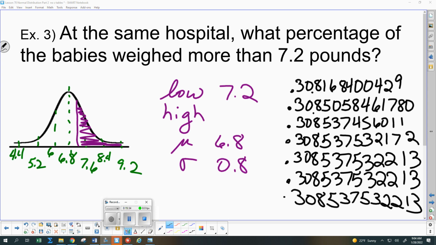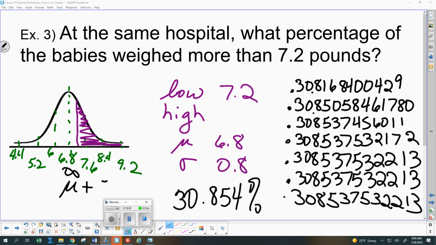So we are going to put in something that's big enough to get the max value so that we would end up with that percentage, 30.854, and we aren't going to see any difference in there. The general rule is, if you're going to infinity, you need to go at least the mean plus 5 times the standard deviation.